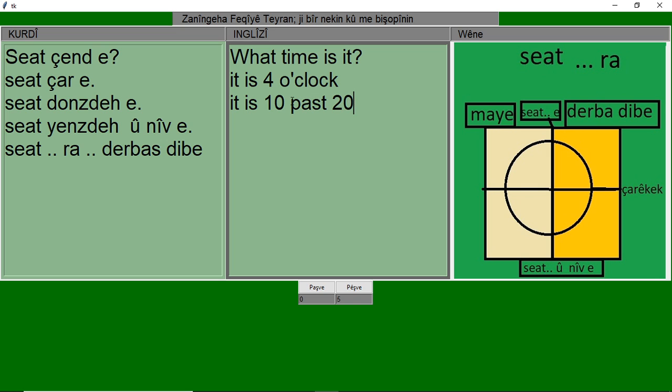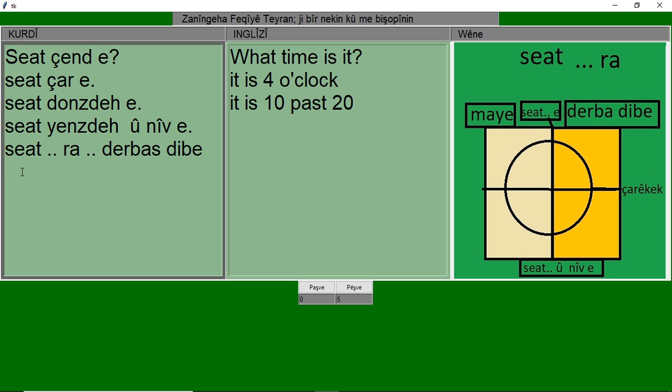This means it is 10 past 20. Saat deha, dehara. Deh means 10. Saat dehara, derbas debe.